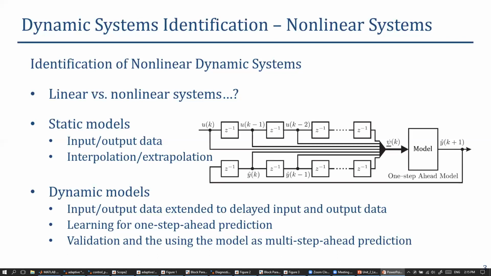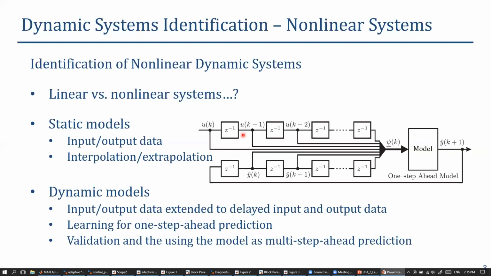A number of inputs are delayed and fed into the nonlinear model, and a number of predicted outputs are delayed as well and fed back to the model. In this way, we create a dynamic structure of the model.